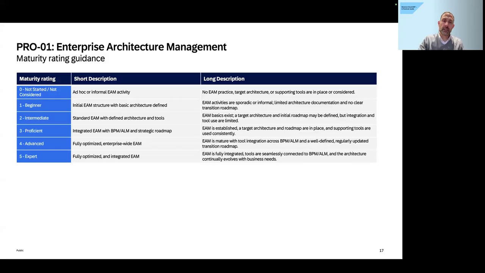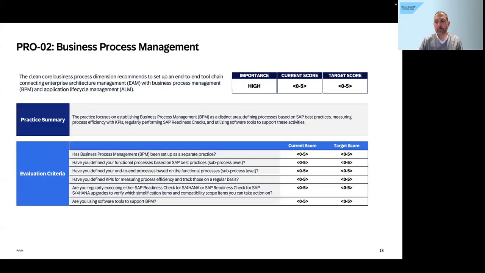As I just said, when we talk about business process management as another practice here, and I want to repeat from the very first slide, we already saw that process management is important both from a toolchain point of view and from a content point of view when it comes to having a clean core process. Here there are specific questions, and not really a lot. If you're familiar with the topic, it's probably fairly simple.